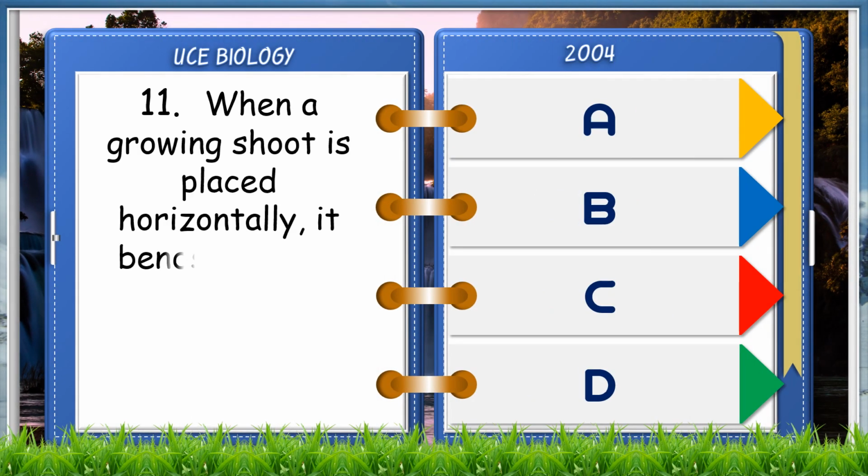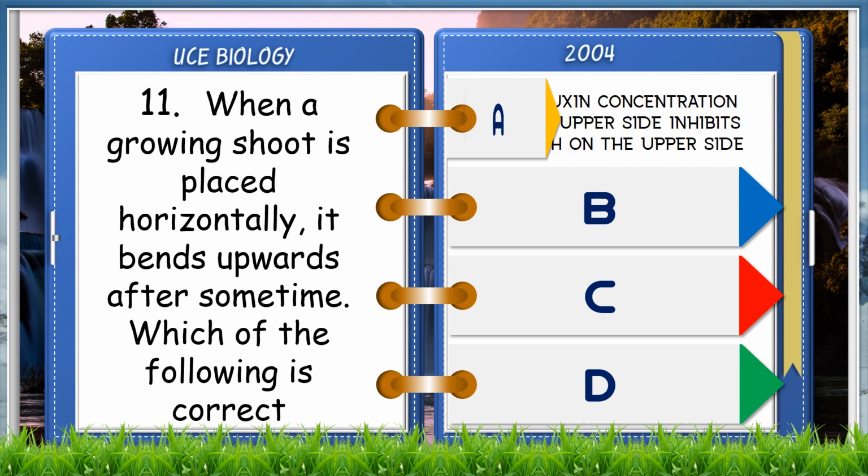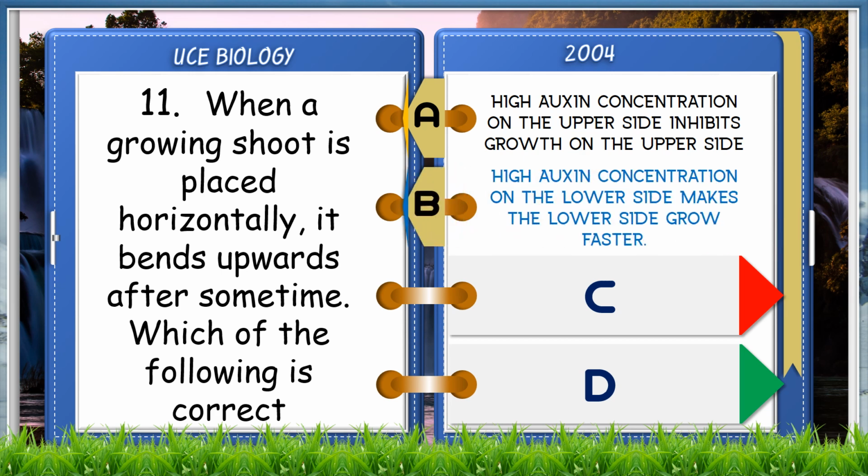When a growing shoot is placed horizontally, it bends upwards after some time. Which of the following is correct? A. High oxygen concentration on the upper side inhibits growth on the upper side. B. High oxygen concentration on the lower side makes the lower side grow faster.